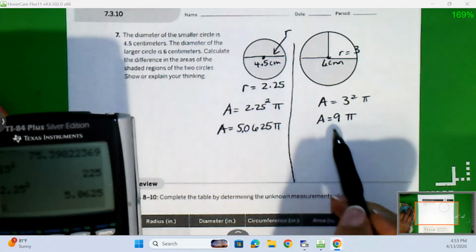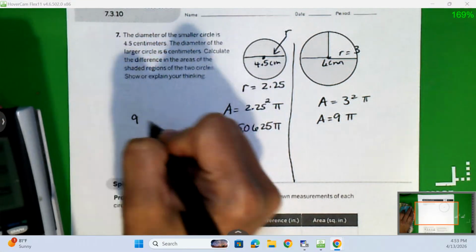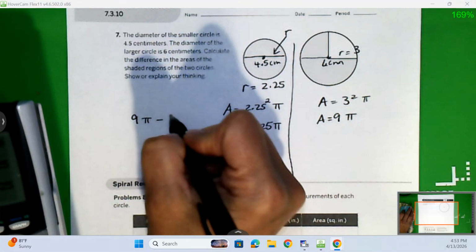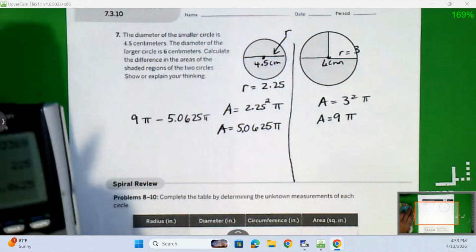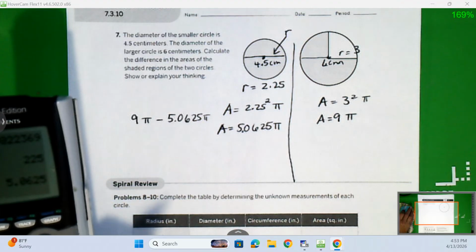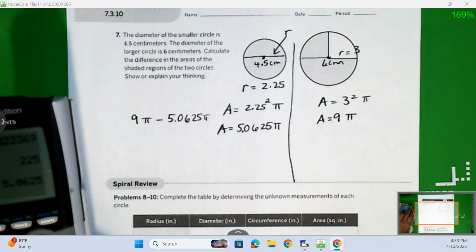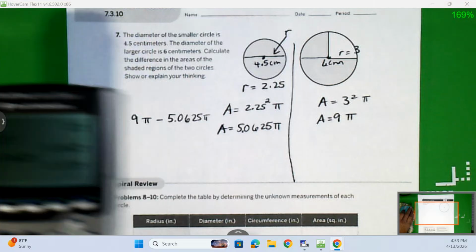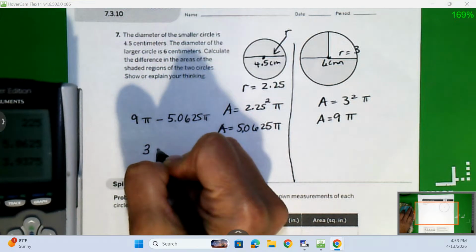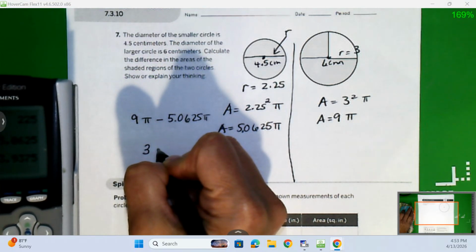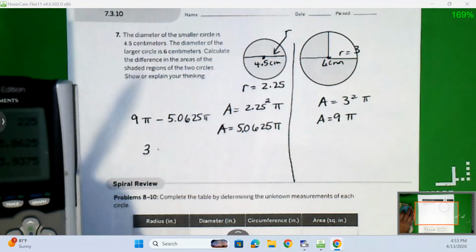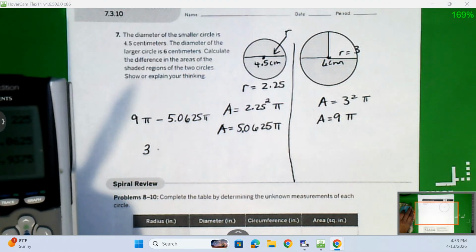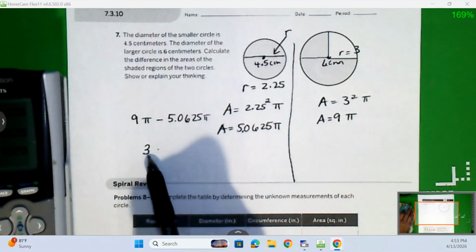And then I have to take their difference, so I have to do 9 pi minus 5.0625 pi. And we get 3. Oh, we can't do this just yet.